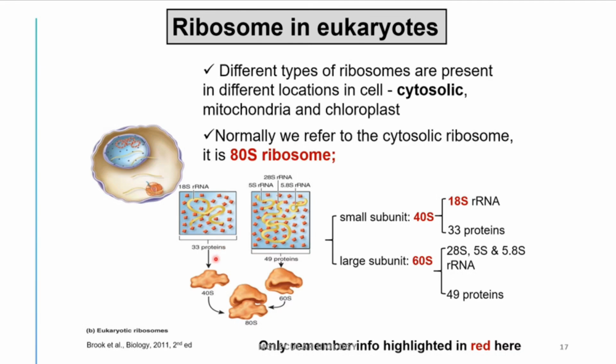And the 60S, the large subunit, is made up of three different ribosomal RNAs, 5S, 28S, and 5.8S, and 49 different proteins. And again, they have to assemble first into the small and large subunits, and then they will assemble together into the 80S ribosome at the initiation of translation.